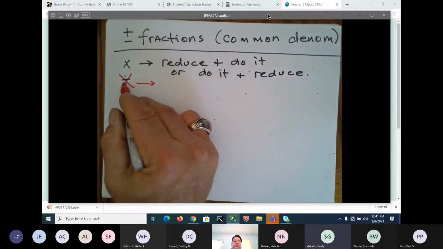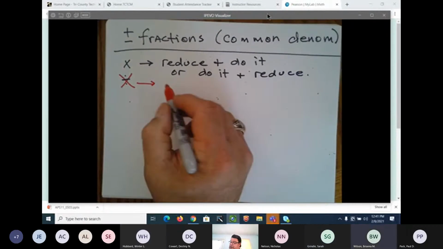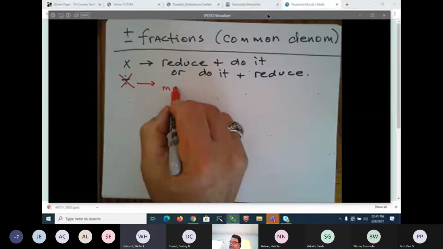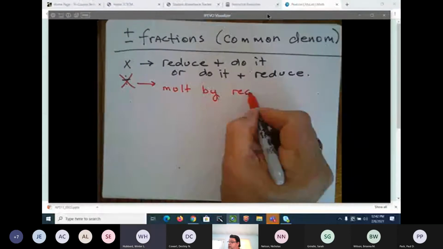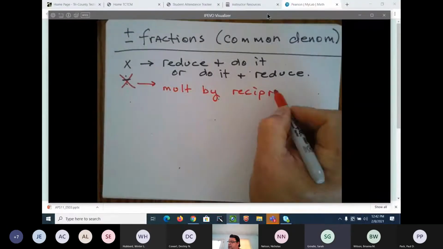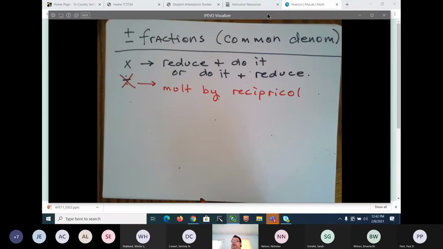Why do I put an X through division? Because you multiply by the what? Reciprocal. I hope I spell that right. I always spell it wrong. Somebody look it up for me. Okay? Reciprocal.